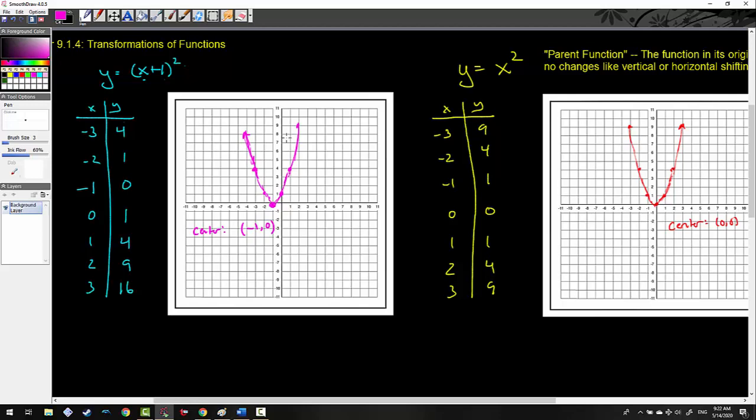So in some ways, we could see this parabola as shifted to the left by how many spaces? By 1 space. I'm hoping that you'll know what caused that shift to the left by 1. It is not a coincidence that we are adding a plus 1 on the inside of this parabola, and suddenly it moves to the left by 1.